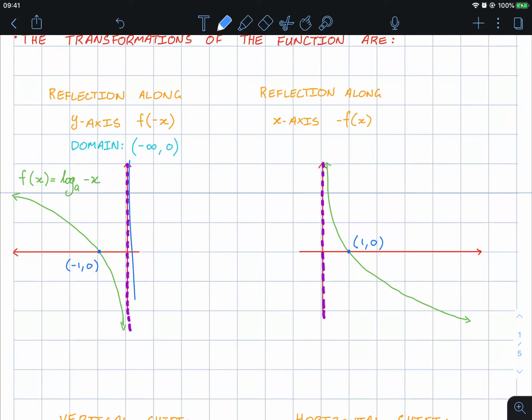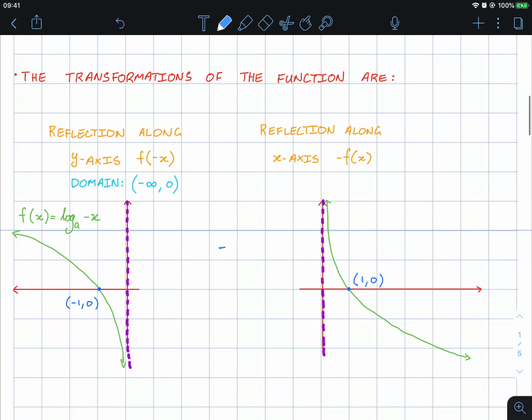There's still that asymptote because log base anything of 0 is undefined, so we don't know what this is equal to, hence an asymptote.